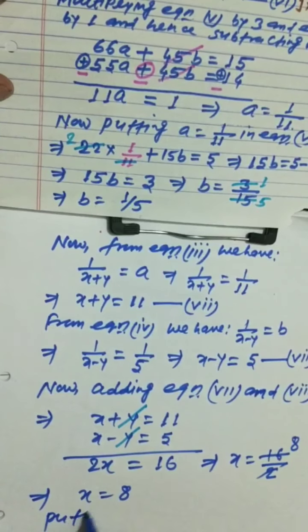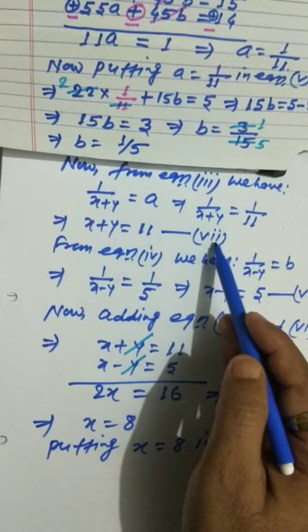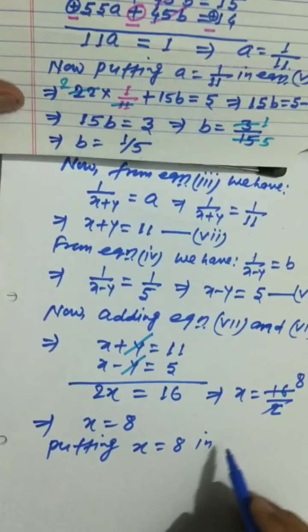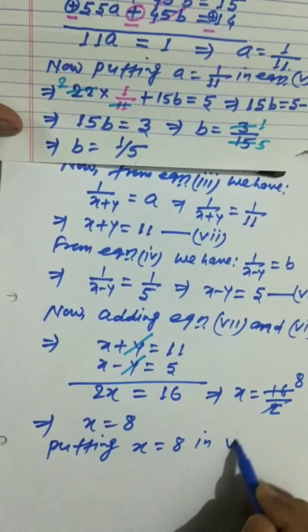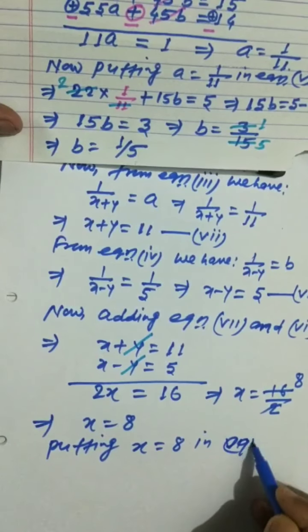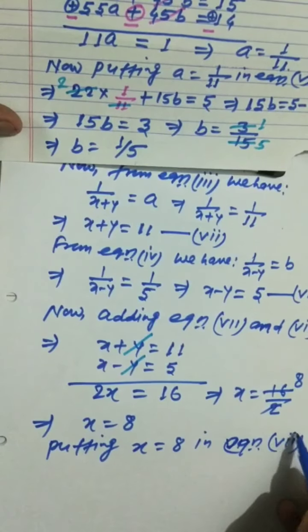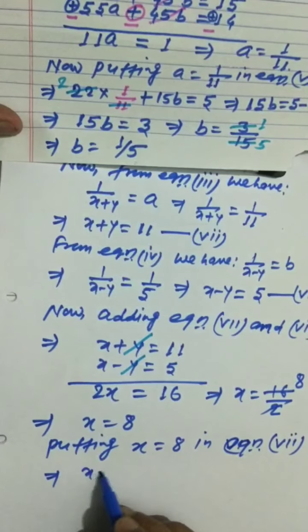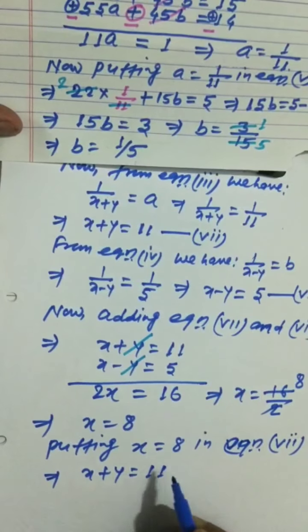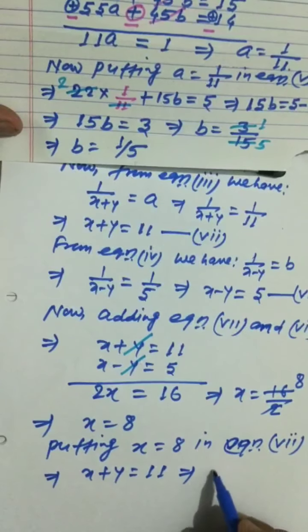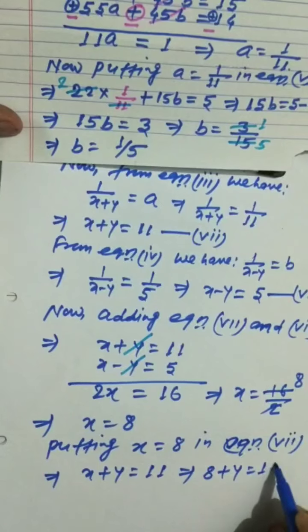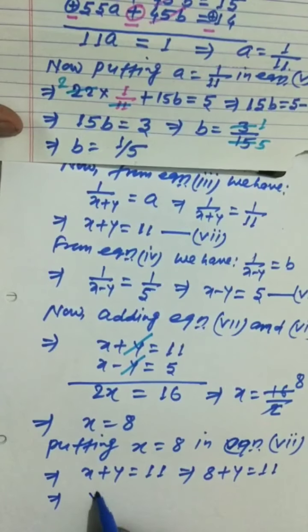Now put the value of x equal to 8 in either equation 7 or equation 8 to get the value of y. So let us put it in equation number 7. x plus y is equal to 11 is in equation 7, so you have to put the value of x, which is 8, plus y will be equal to 11, and this implies that y will be equal to 11 minus 8.